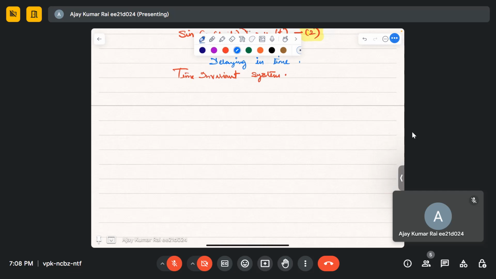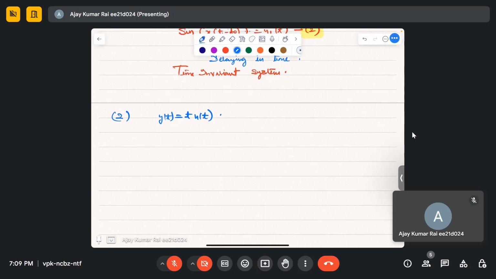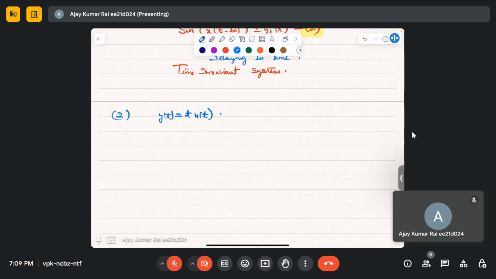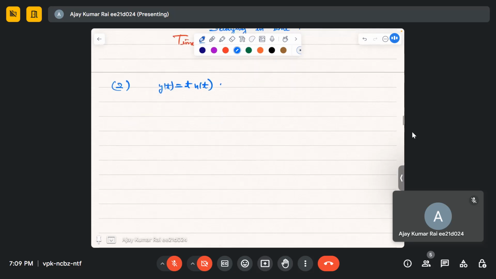The second question is y of t equal to t into u of t. Let's first check for the linearity. Directly you can tell because we are studying in the course also, but first let's do the mathematical analysis, like how we have seen for the other systems.